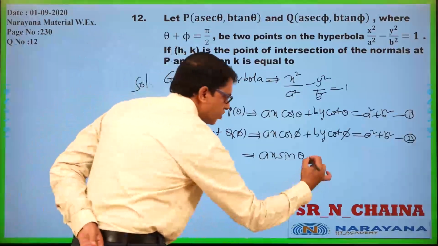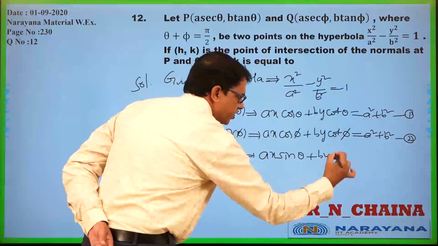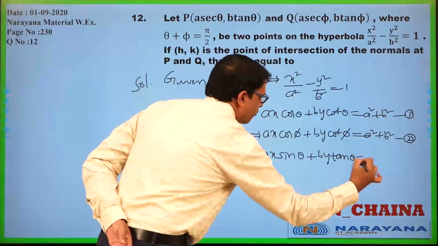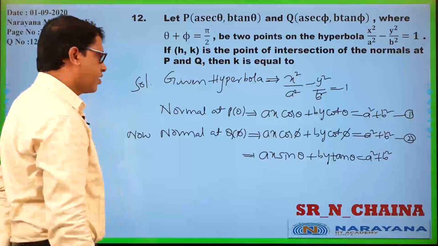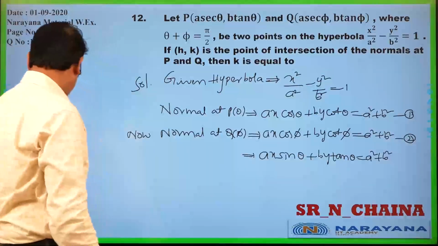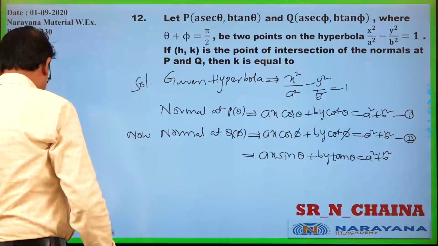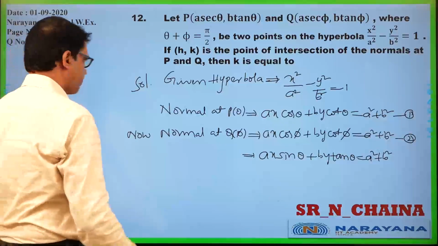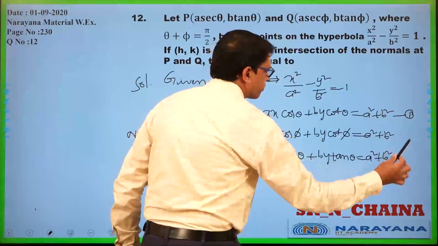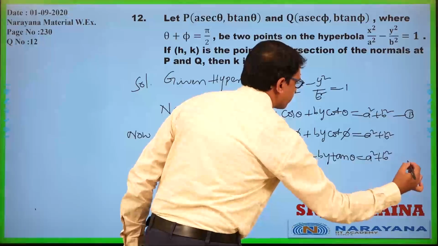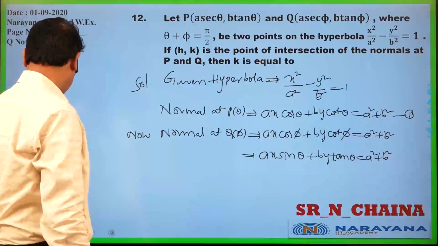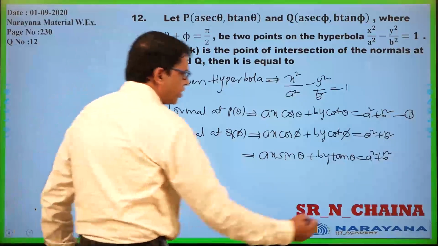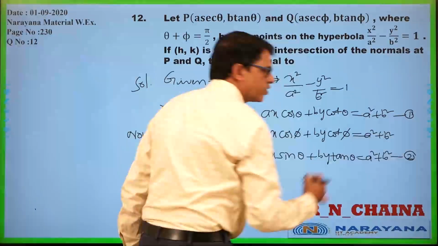Then plus by, it changes to tan theta, equals a square plus b square. Say this one as equation 2.